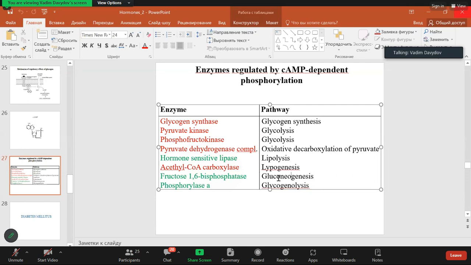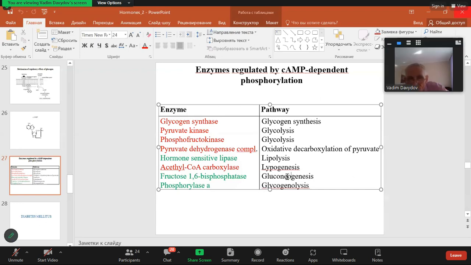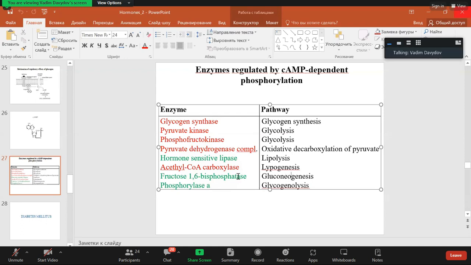Simultaneously, gluconeogenesis requires a high amount of energy for synthesis of endogenous glucose, and for production of energy that process uses increased lipolysis.